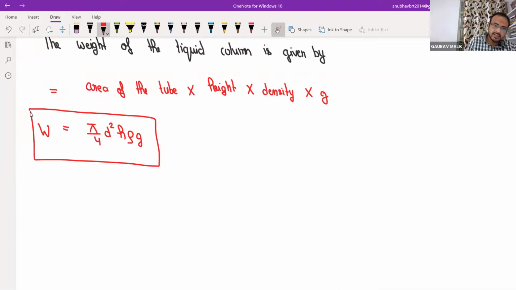And it will be balanced by the vertical component of the force due to surface tension.